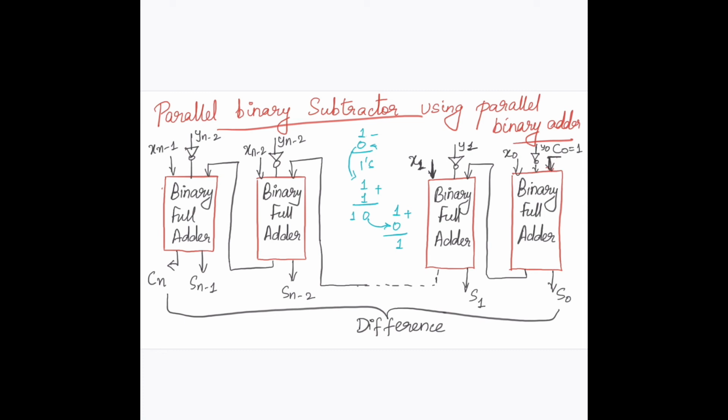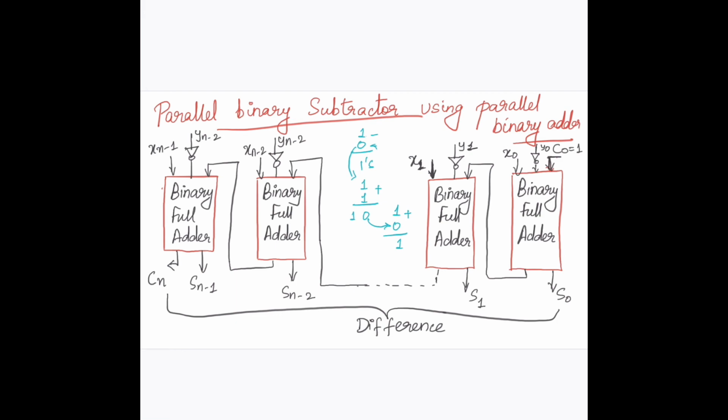So the output you obtain will be the difference. For n-bit operation, it can be passed from one binary adder to the next binary adder. So this operation will be done for n-bit operation.